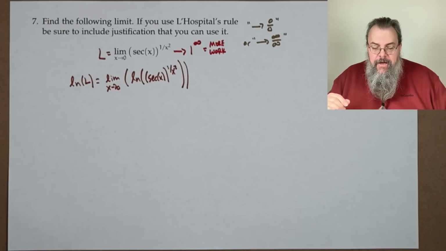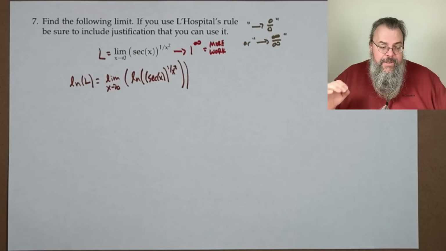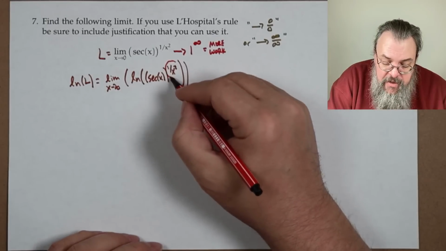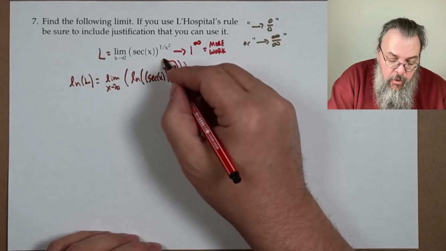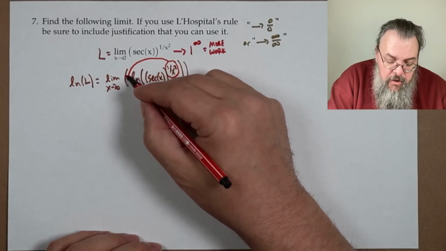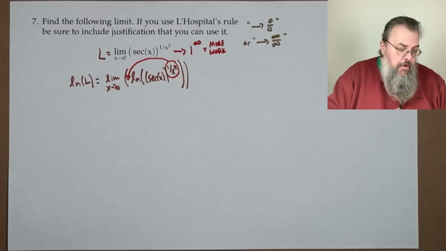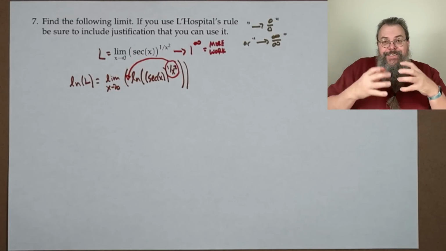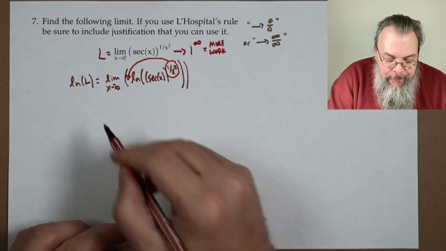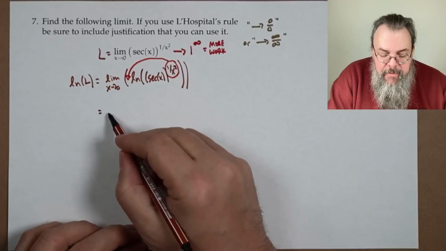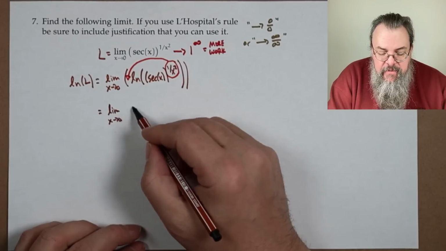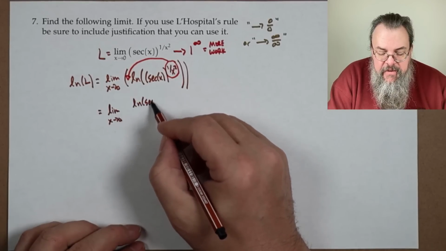All right, now, properties of logs. Why do we do this? It's because the exponent, it's going down. Down, down, down, it's going down. Woohoo! Right? That's the nice thing. So, this becomes the limit as x goes to 0 of log of secant of x.